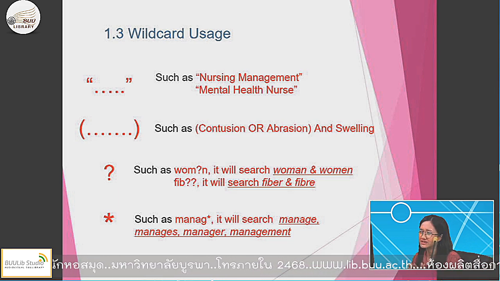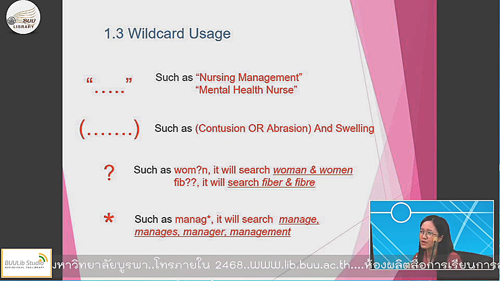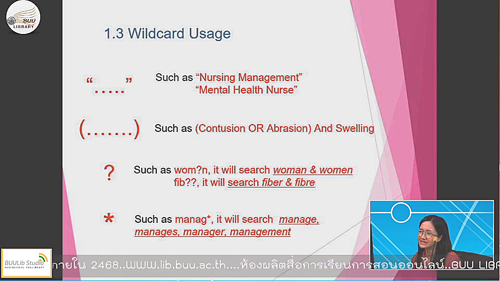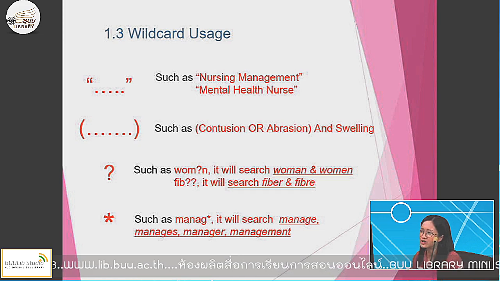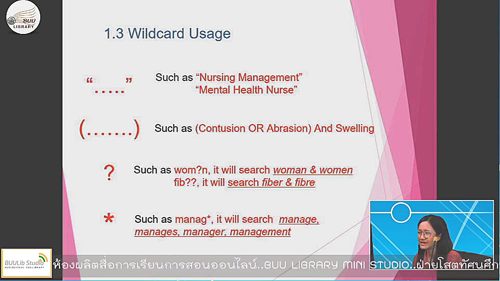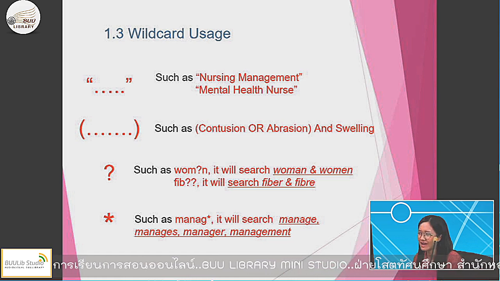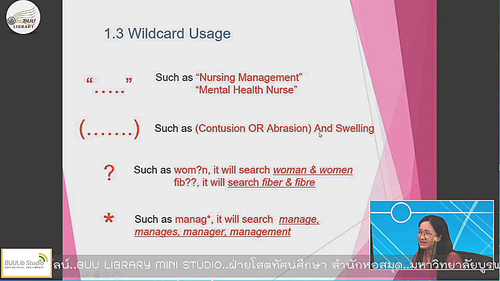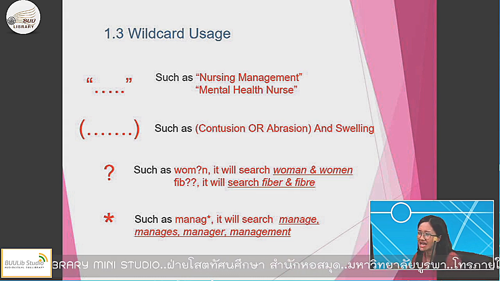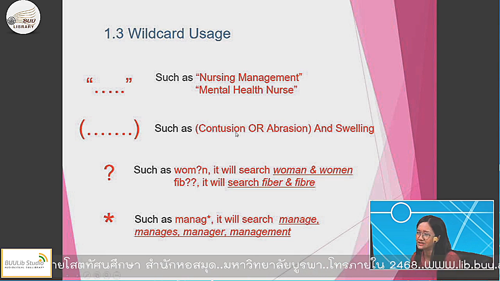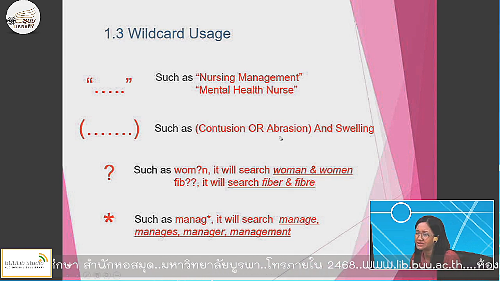And then it's going to combine with and swelling. So the result will have contusion or abrasion, but it has to have swelling, because the title needs to have that, while it can be only contusion or only abrasion.